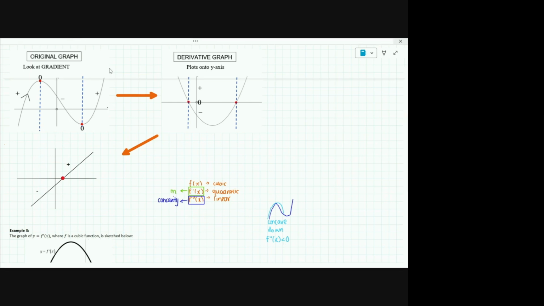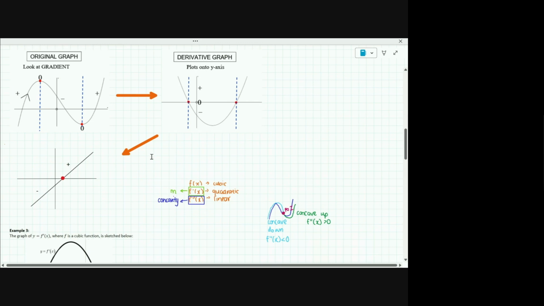But we also have a part that looks almost like a happy parabola, and this is where we are concave up. This is where your second derivative is greater than 0. And as we've just done in this previous question, this exact point here, where that concavity changes, is your point of inflection.